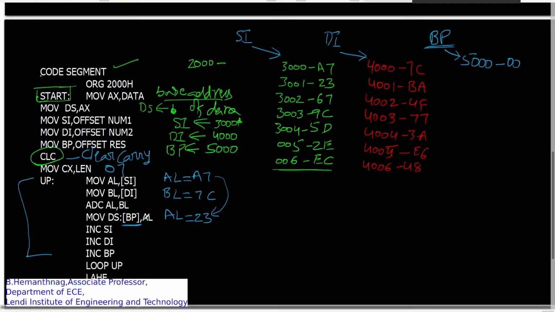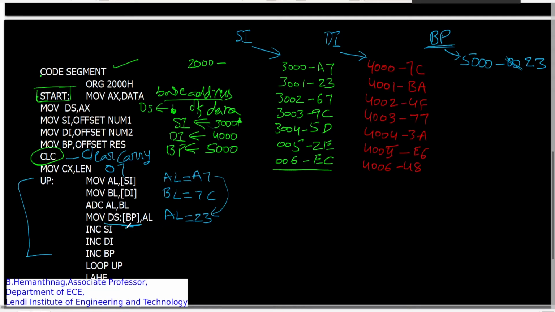To change the default segment register to DS, you have to provide the syntax like this. So instead of the SS register, it will use the DS register as the segment address, where we have the 5000 offset. This already had the value 0, which has been replaced with the 23 value from AL.